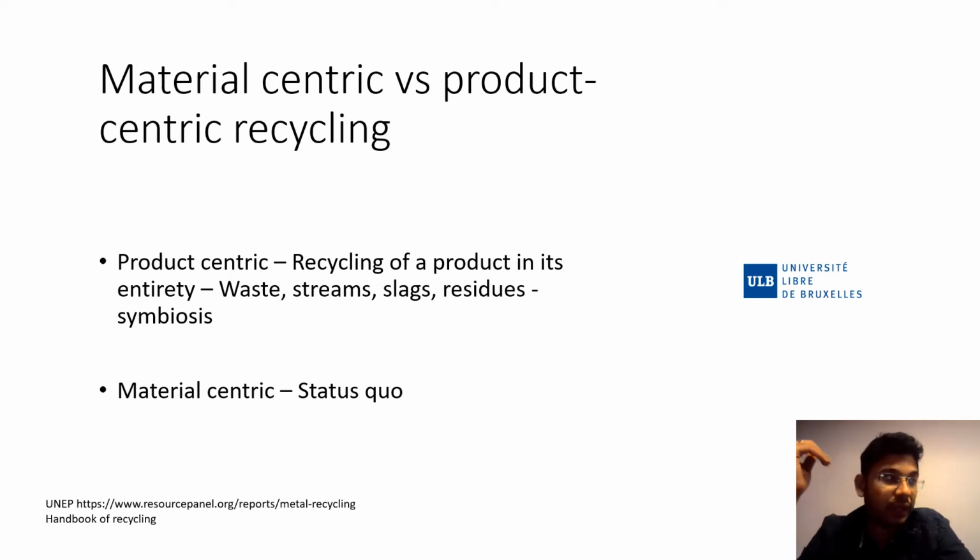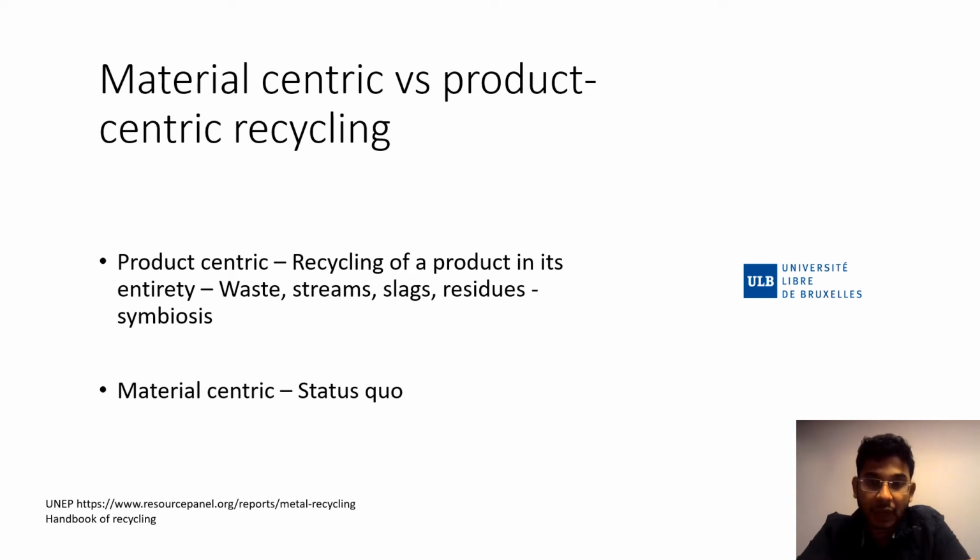So what you do is that you collect so many different products and then you shred them, you put them through so many sorting and separating processes such as magnetic separation, eddy current separation and whatnot, and separation based on gravity and so many other things. And then you divide it into ferrous, which is the iron-based components, non-ferrous components, and plastics and other types of components.